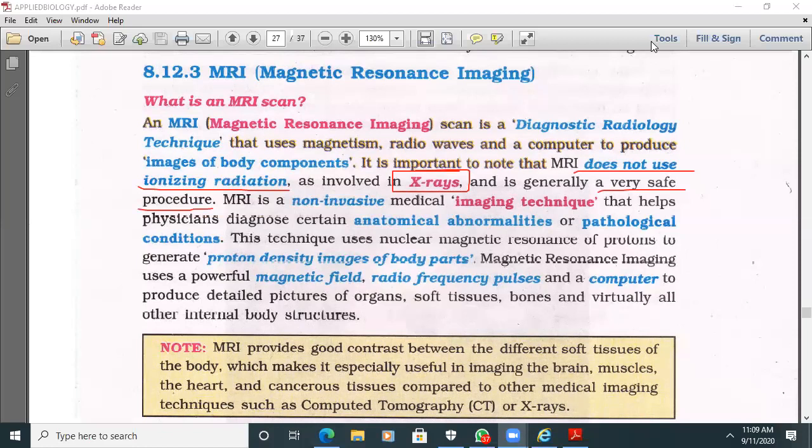It is non-invasive, because we are not using ionizing radiation.